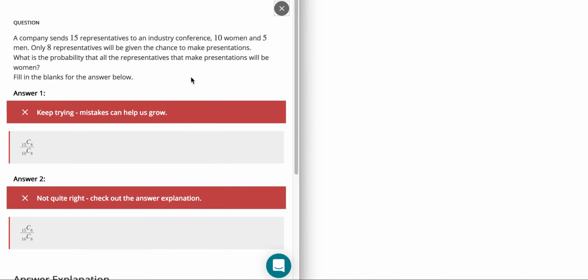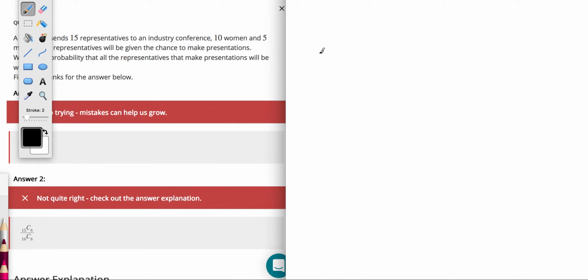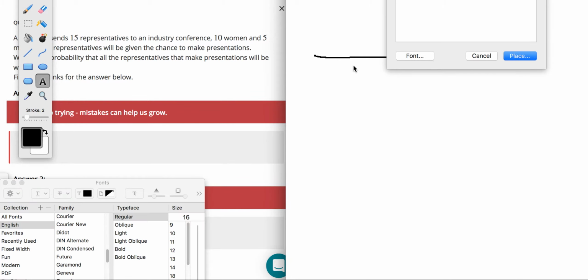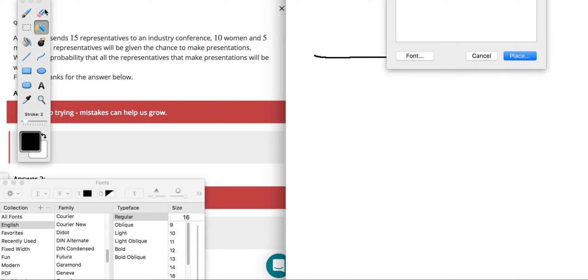Okay. A company sends 15 representatives to an industry conference, 10 women, 5 men. Only 8 representatives will be given the chance to make the presentations. So just remember, a probability is the amount you're interested in divided by the total, okay? So down here on the bottom, the total. What's the question asking for?